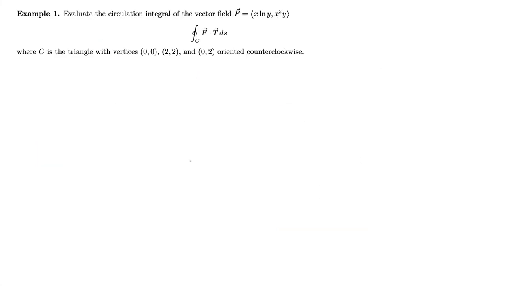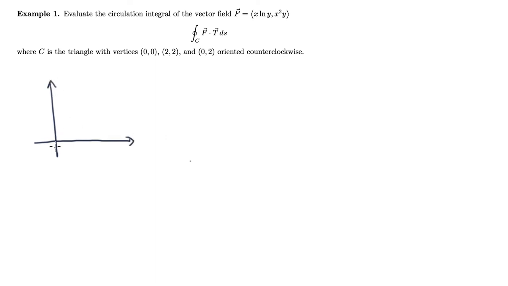Okay, so here's a good example. We want to evaluate this circulation integral over this vector field. And the curve is this triangle with vertices 0, 0. Let me go ahead and sketch out what this triangle looks like.